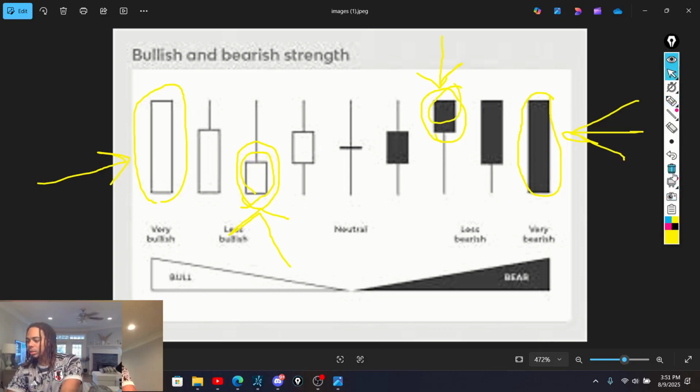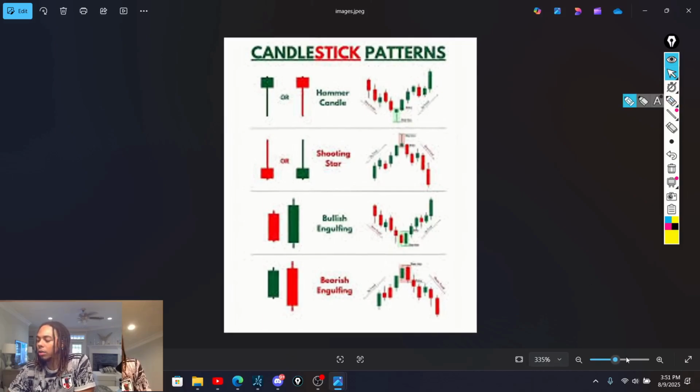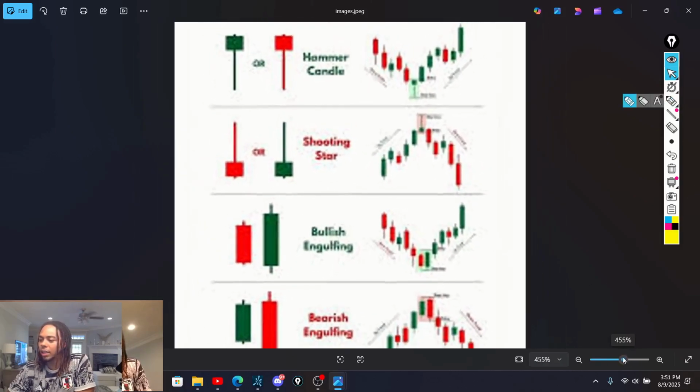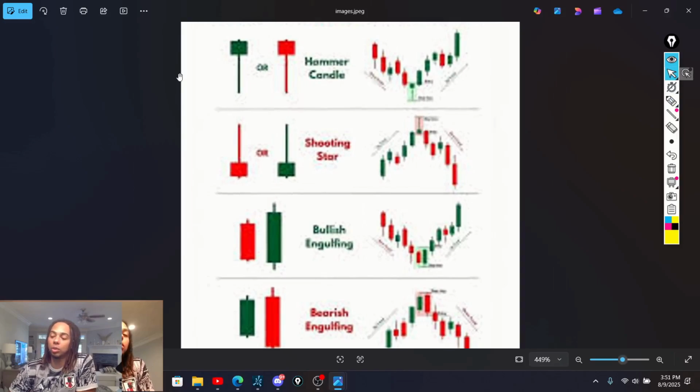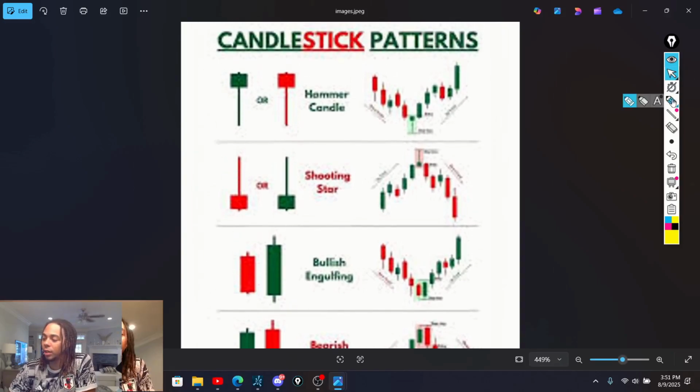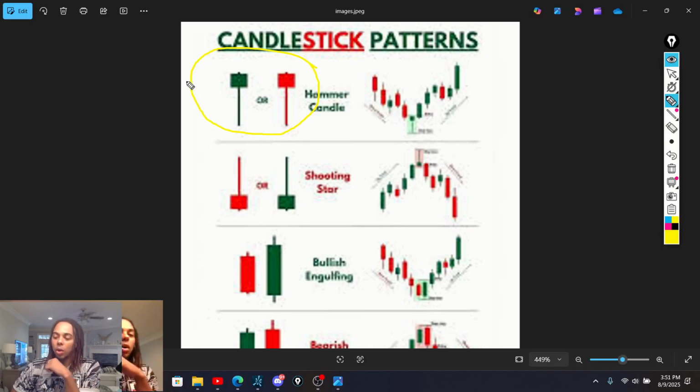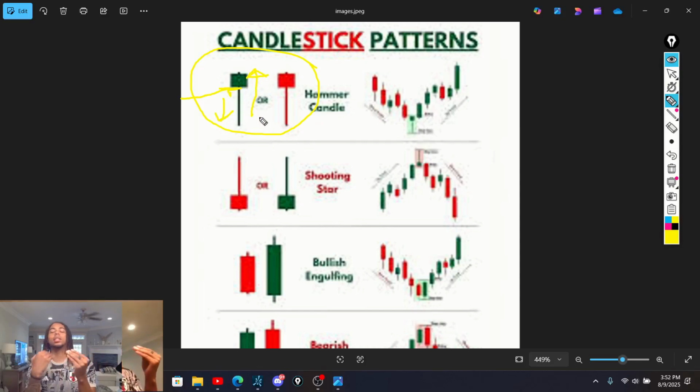I'll show you. So, here are the reasons I like those other two that I showed you. One is basically the hammer candle. When it looks like this, remember, for this candle here, we started here, we went all the way down here, we came all the way back up here and we closed right here. What does that tell me?